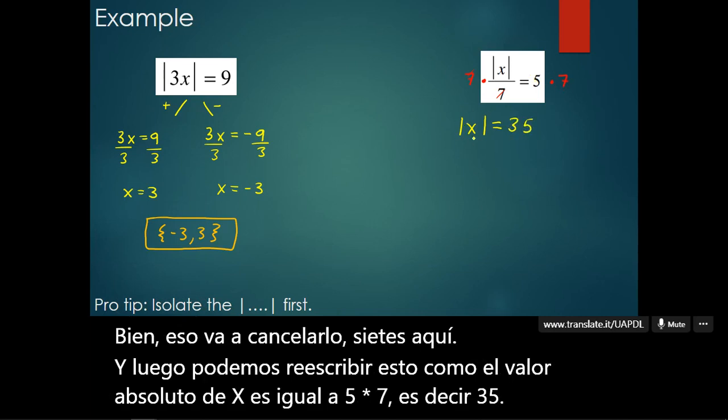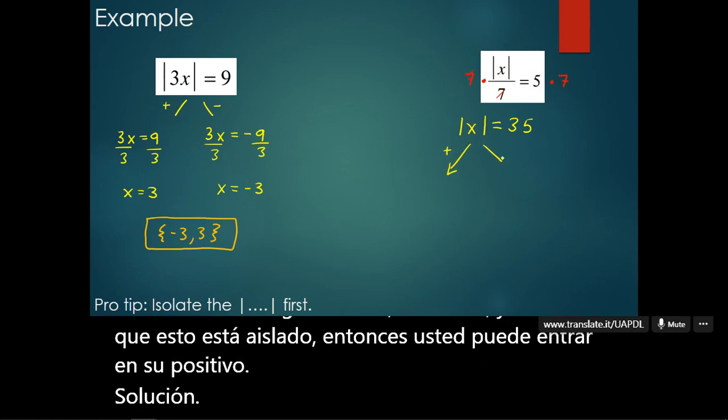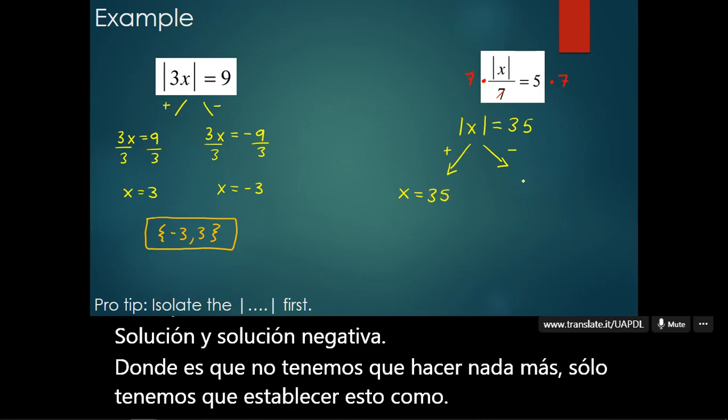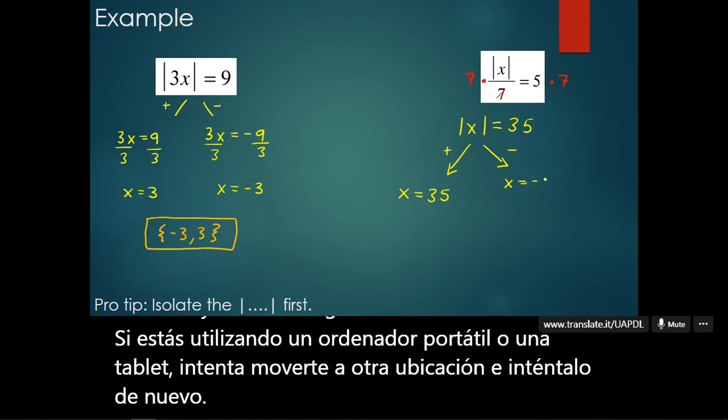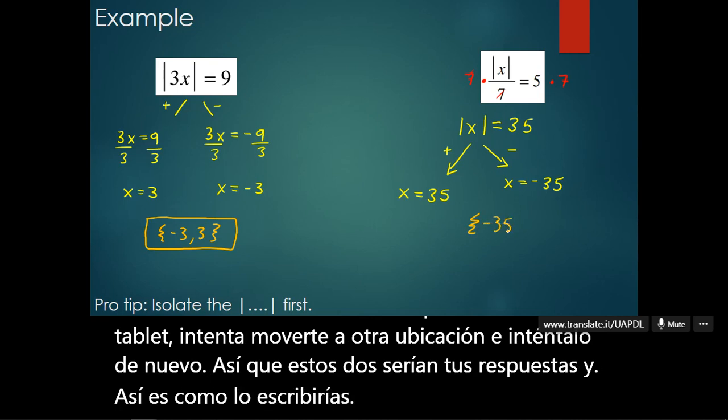And once this is isolated, then you can go into your positive solution and your negative solution, where we don't really have to do anything else. We just have to set this as a positive and x as a negative. So these two would be your answers, and this is how you would write it out: negative 35, comma 35.